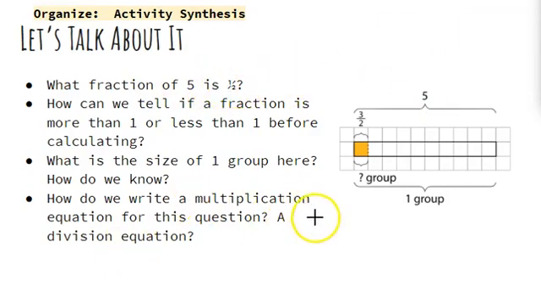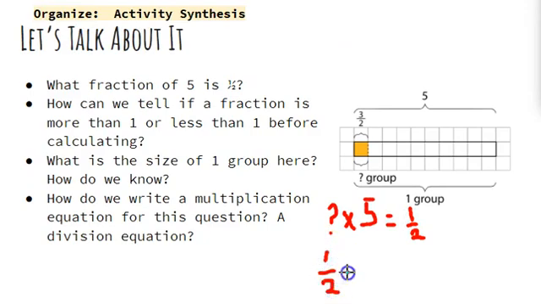So what's that look like as a multiplication? This is something times 5 gets you 1/2. Or we could also think of it as 1/2 being divided by 5. So what's our missing piece here? Well, what do you have to multiply 5 by to make 1/2? 1/10, right?